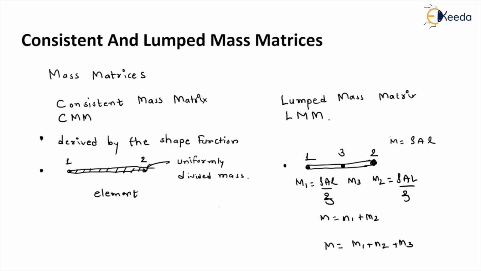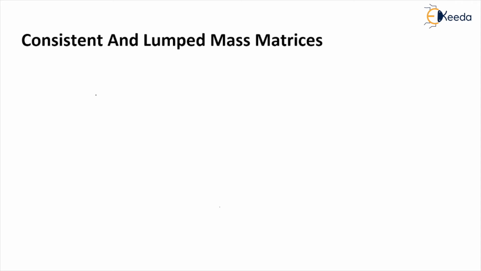So now let's derive the equation for the consistent mass matrix. So first of all, let's consider an element which is having two nodes, node number 1 and node number 2.